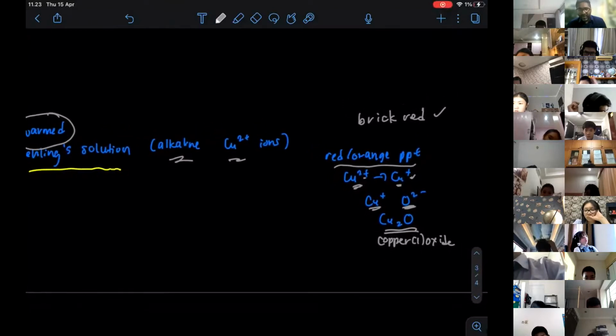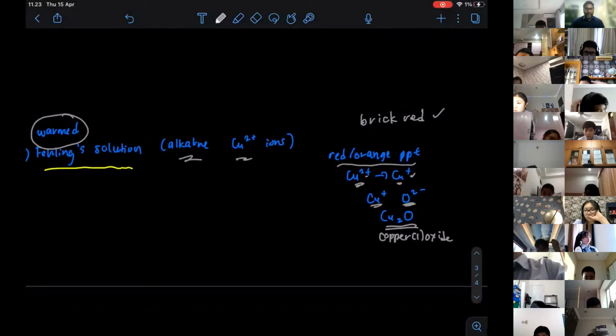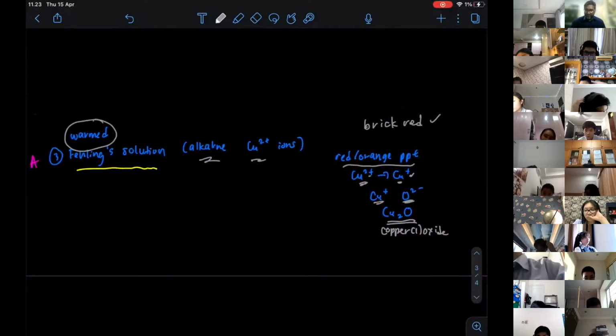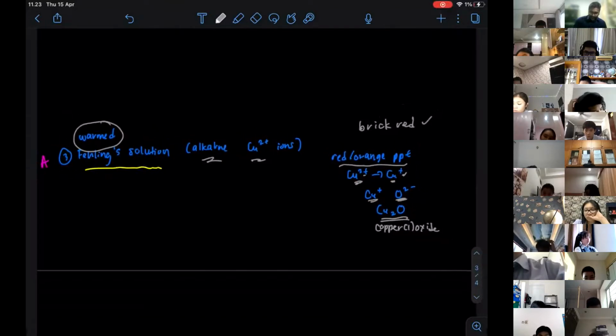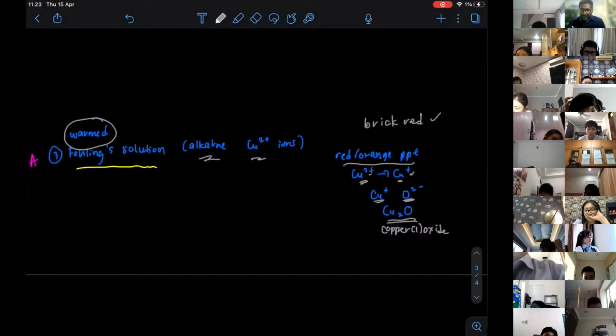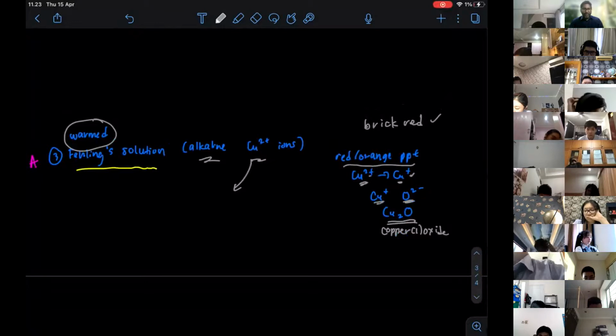Let's ask Michelle Wing. What is the color of alkaline copper 2+? Jeffrey, want to help? What is the color of copper 2+? Frederick.